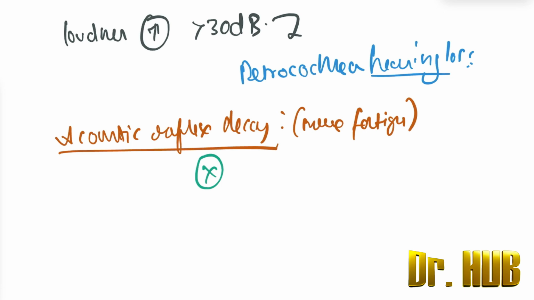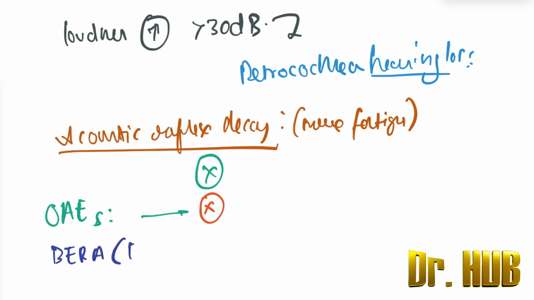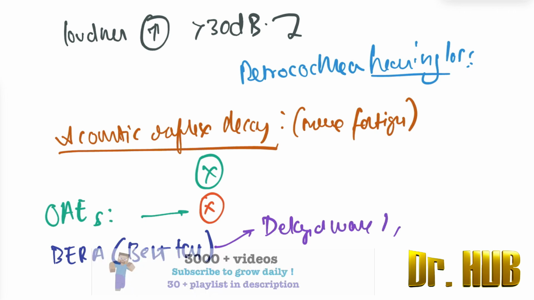Next, the OAEs are again absent in cochlear hearing loss. Next we move on to the BERA. This is the best test. Here it is a delayed wave, and the rest are normal.